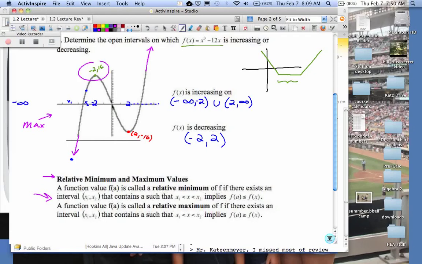Right here is called the relative maximum. This is called the relative minimum. These changes in directions, the bumps, the peaks, the valleys. And you can find those by doing second trace, calculate minimum or maximum, and you move around and find them.